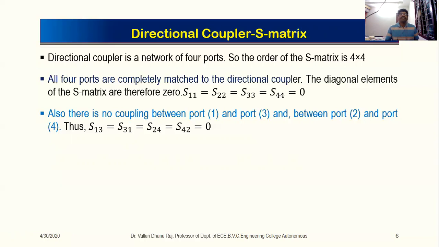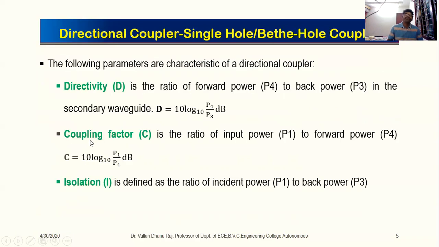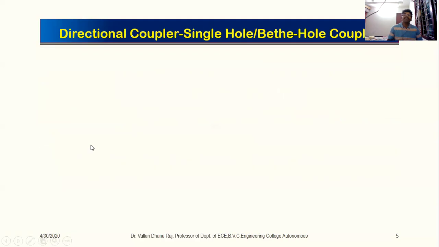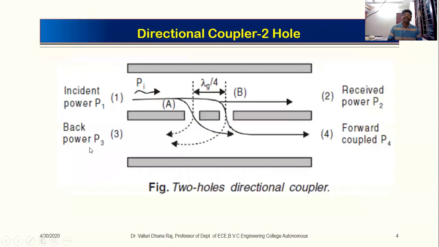Coupling between port 1 and port 3, between port 2 and port 4: as I mentioned, 1 and 3 are isolated ports. Likewise, 2 and 4 are also isolated ports. Why it is so, I have already explained, but I'm going to take it up again. Ports 1 and 3, and 2 and 4, these two pairs are isolated ports, because of the phase difference, no signal will be reaching.